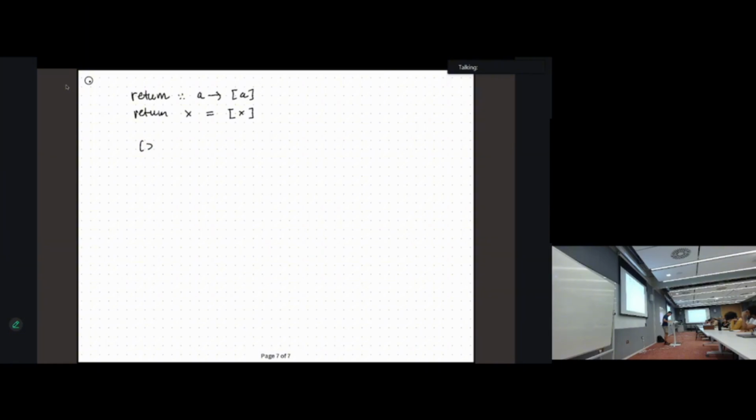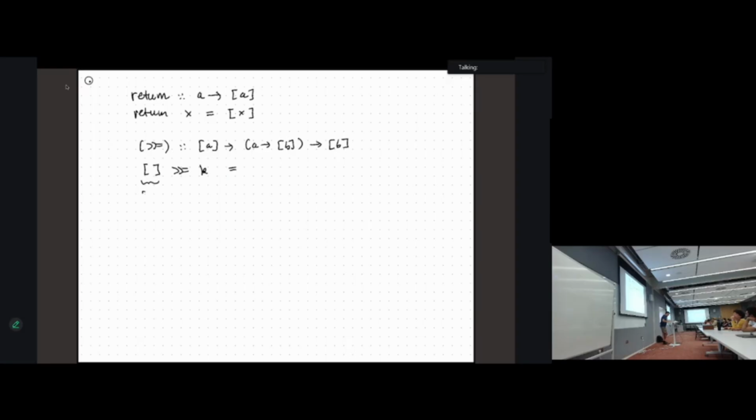So bind has type, give me a list of A's. Let's just do this by pattern matching. If we have the empty list coming in, bind some continuation k, what do we want to have happen?